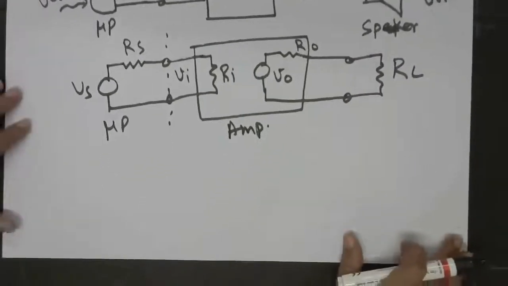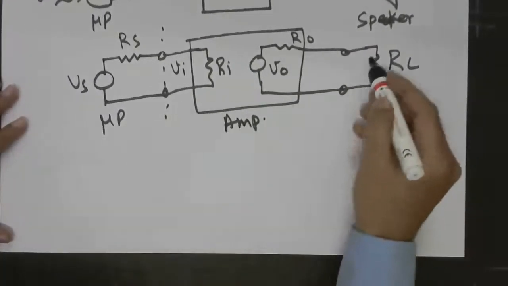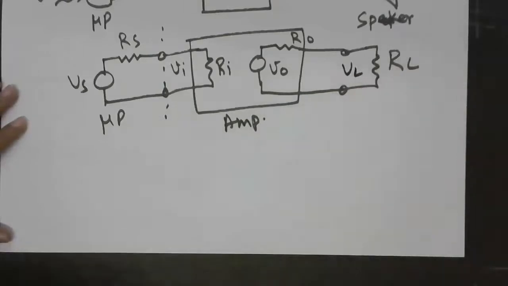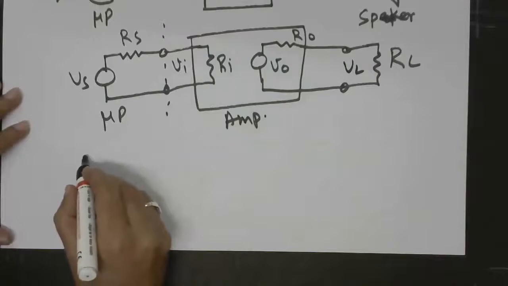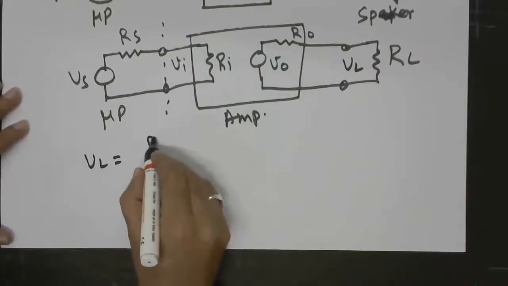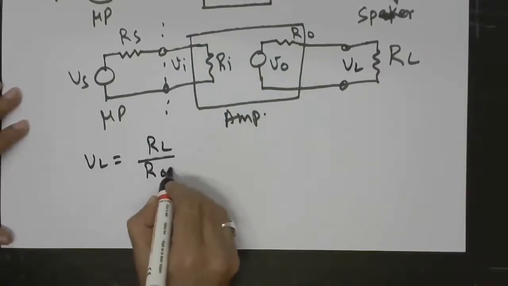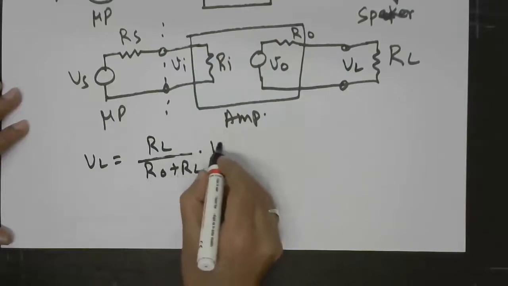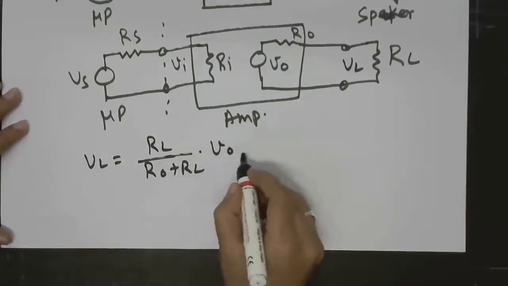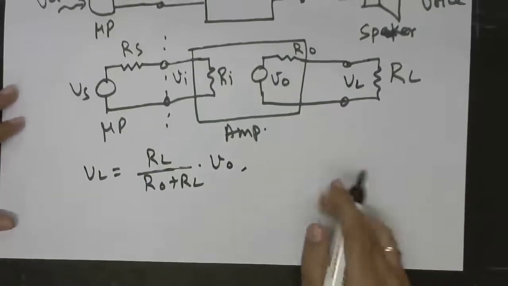So now let us try to find out how much voltage my load is going to receive. So this VL is going to be RL divided by RO plus RL into VO, right?